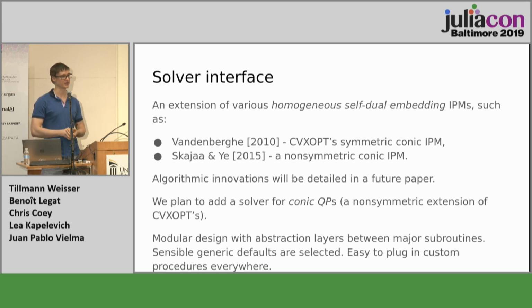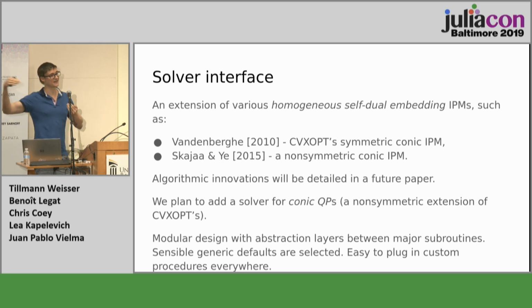CVXOpt is a symmetric cone solver, so that's just a couple of the standard cones for which the cones are self-dual. And this algorithm by Skajaa, implemented in a MATLAB solver called Alfonso, is a non-symmetric conic IPM, but it's not as general as ours because we're able to use primal or dual primitive cone barriers. We're going to talk about all these in a future paper, so I'm not going to do them here.